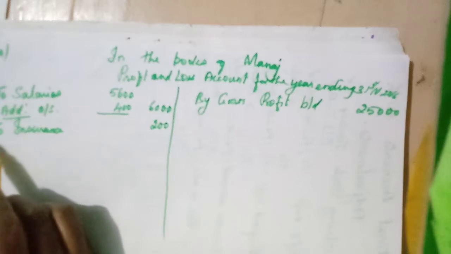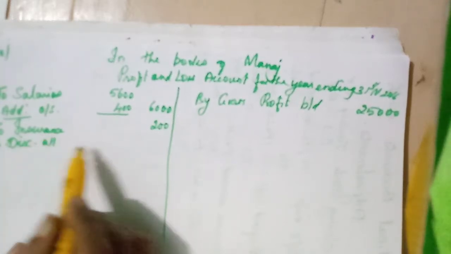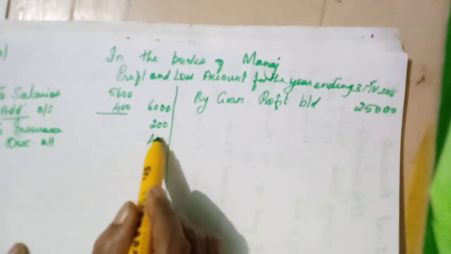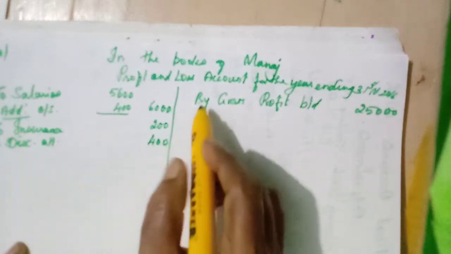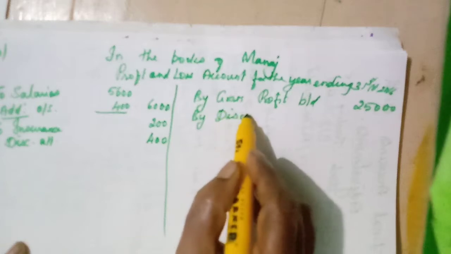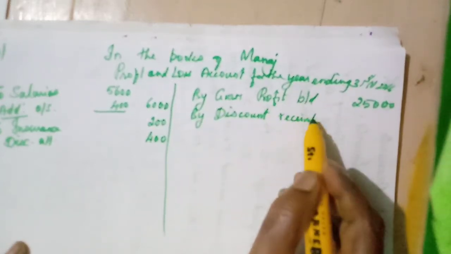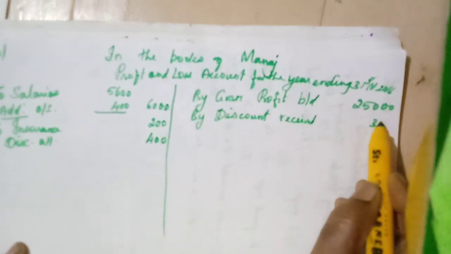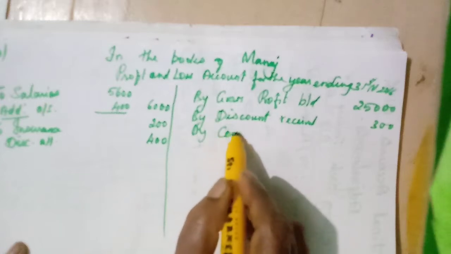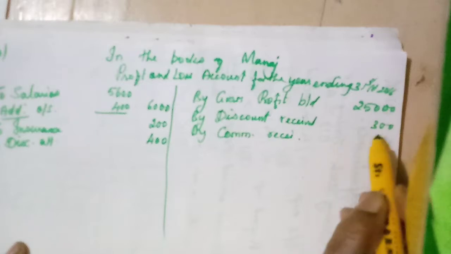Then discount allowed. You write fully, 400. No adjustment. Discount received, so immediately you write on the credit side. Discount received, it is an income, 300. Commission received, 100.